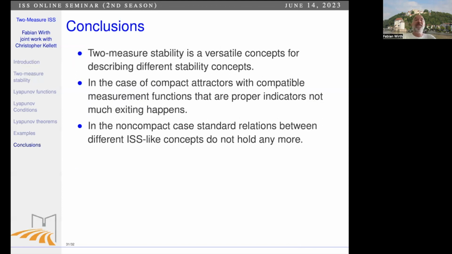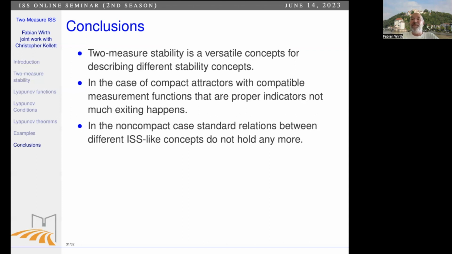So conclusions, well, two-measurement stability is nice because you can formulate many different things in terms of measurement functions, just by choosing the right measurement functions. What I have not mentioned, maybe should have also mentioned, is that if you're interested in incremental stability, there is a two-measurement stability formulation of that.